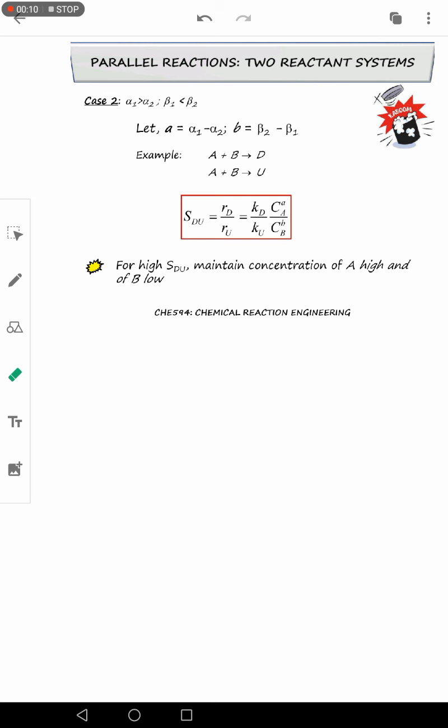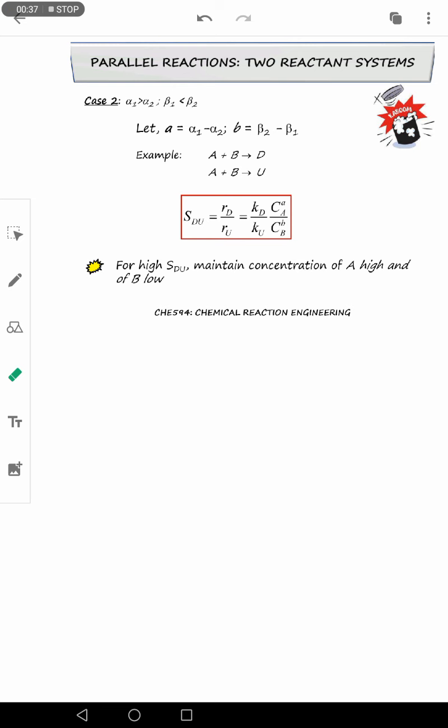Okay, saya nak sambung still for parallel reactions with two reactant systems. For case number 2, in which alpha 1 value is higher than alpha 2, but beta 1 value is lower than beta 2.